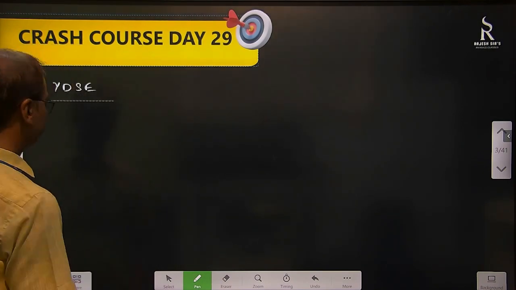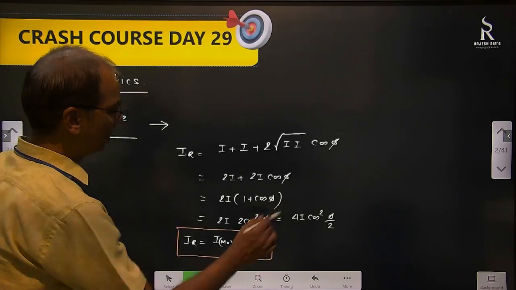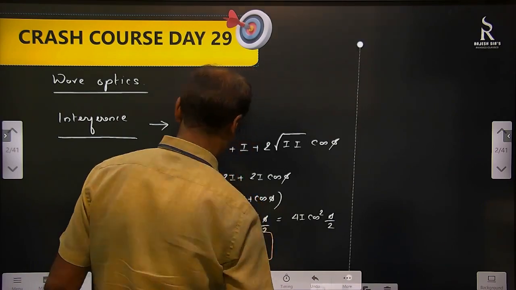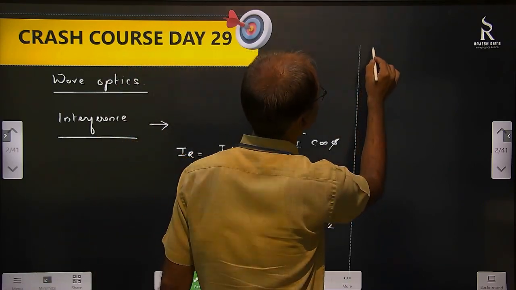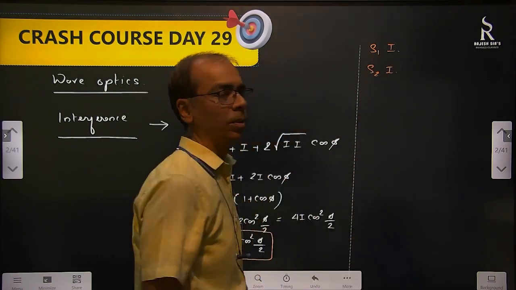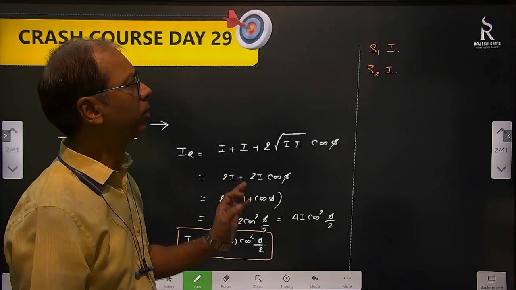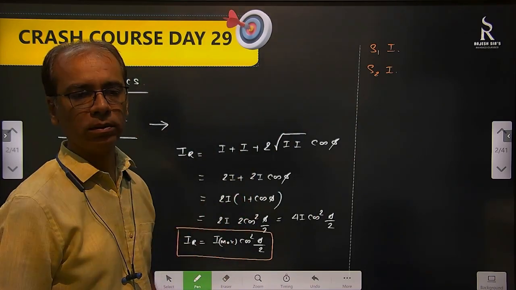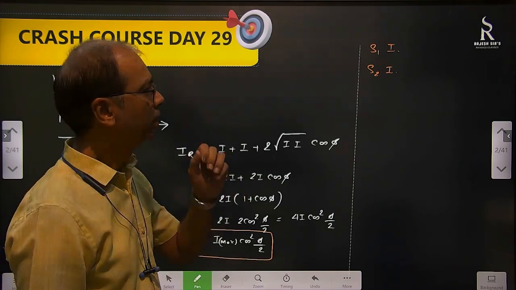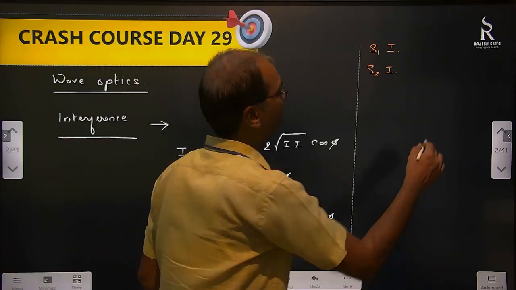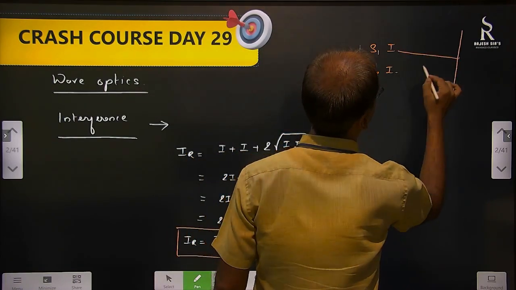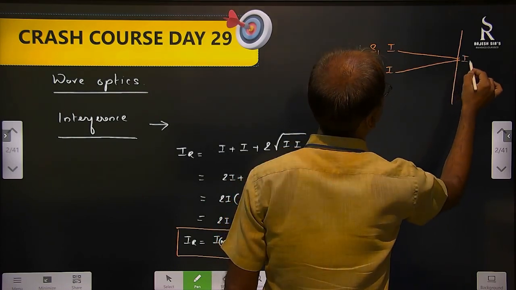Suppose we have two sources, the intensity of both is I and I. They meet at a particular point, and at that point the resultant intensity is also I. Then what is the phase difference, or the path difference, at the point where they are interfering? Here the resultant intensity is I only.